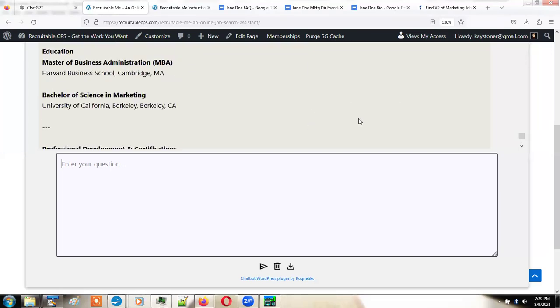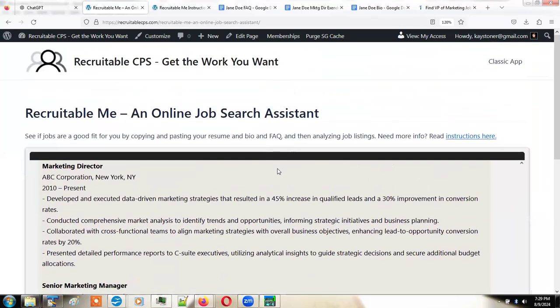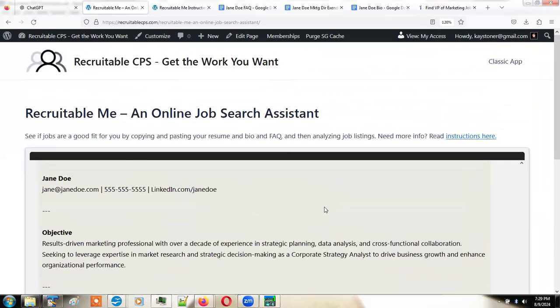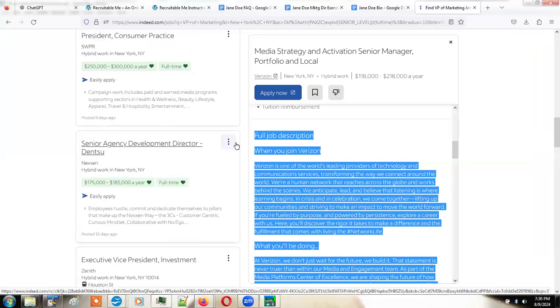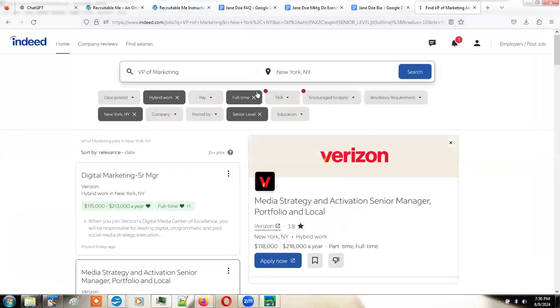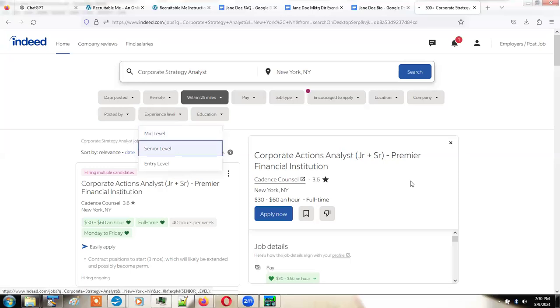And then you can go over to Indeed, and let's see if there are any corporate strategy analyst jobs in New York, New York. Senior level.